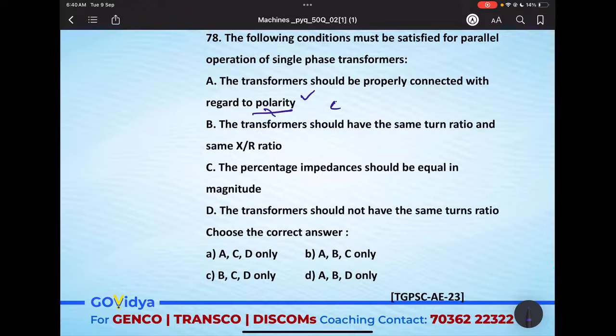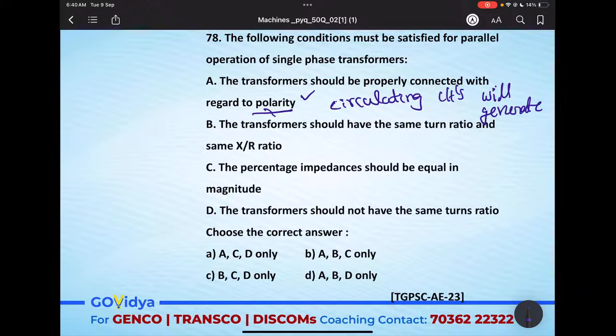Circulating currents will be generated. The circulating currents will generate heat, and there is a chance of the transformer blasting. So polarity needs to be matched before connecting two transformers in parallel.